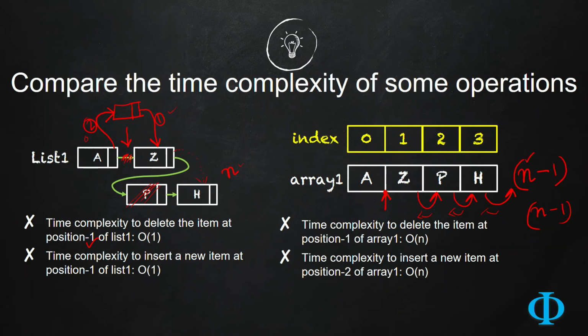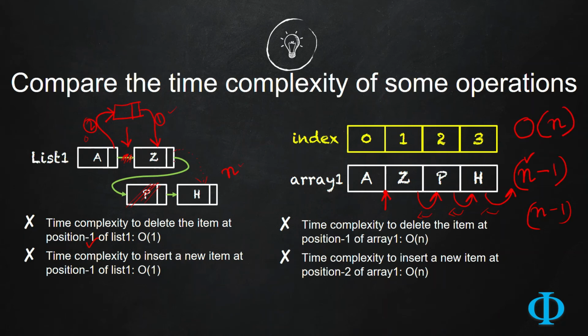So both for insertion and deletion, the number of steps in an array is almost incrementing linearly with the number of elements n. So the time complexity is order of n.